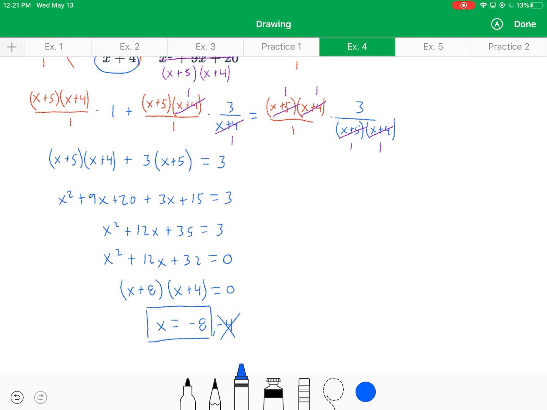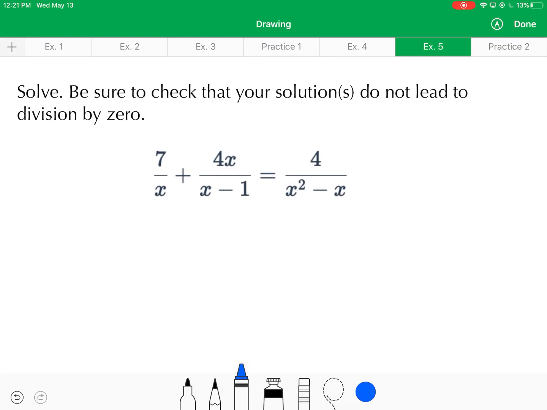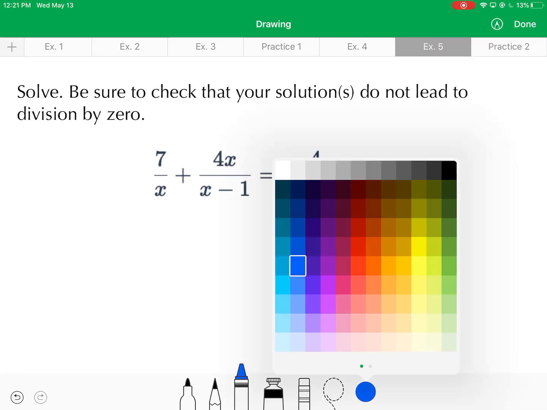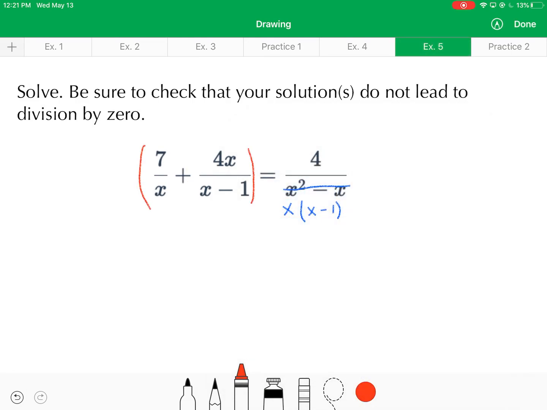All right, one final example. Here, kind of similar. Notice the rightmost fraction needs the denominator factored. I can pull an x out here. And that's my common denominator, so I'm going to multiply by that on both sides. Let's write that out.